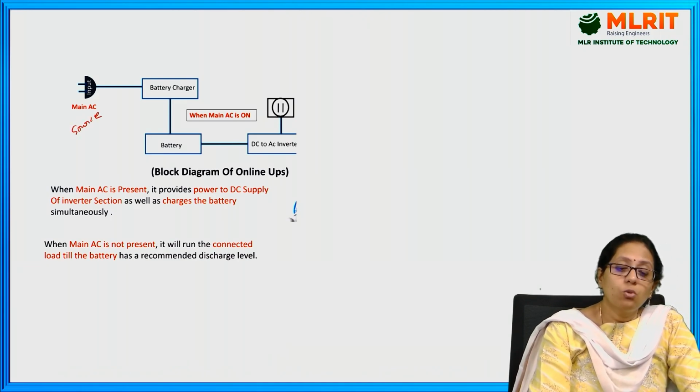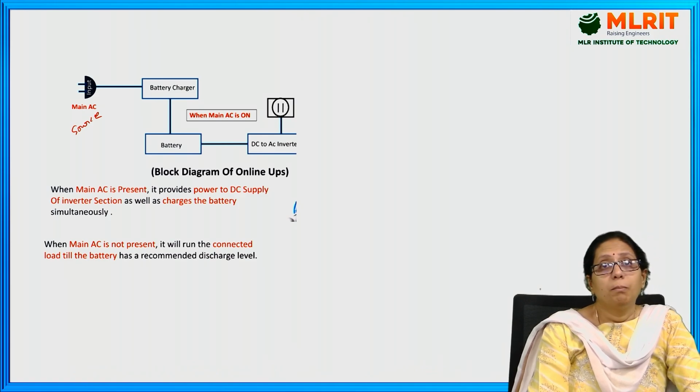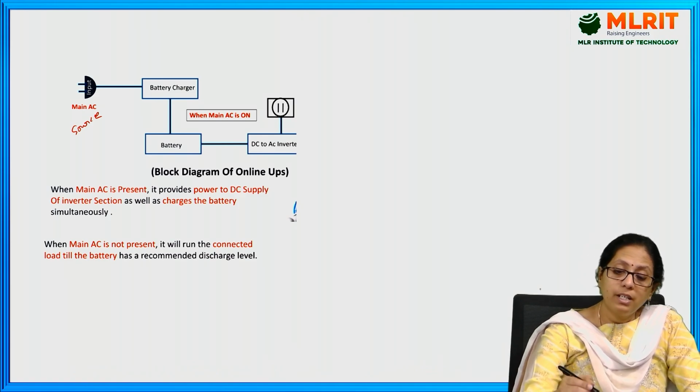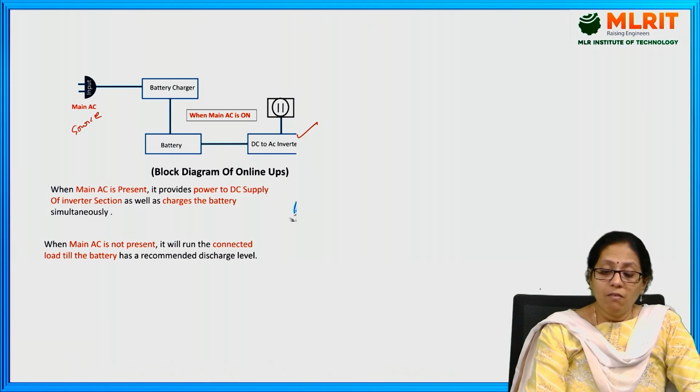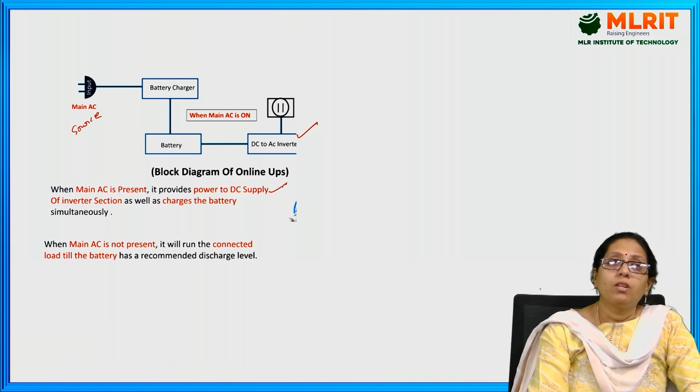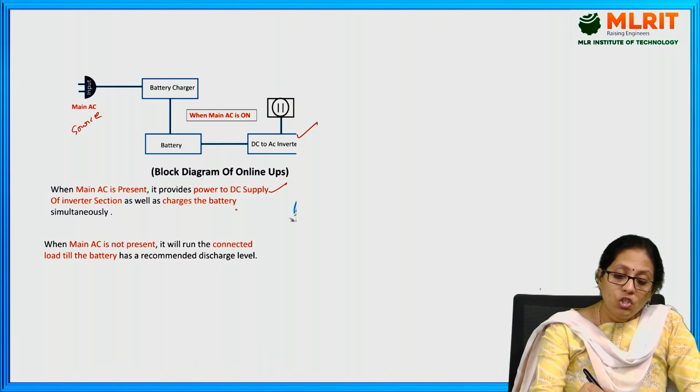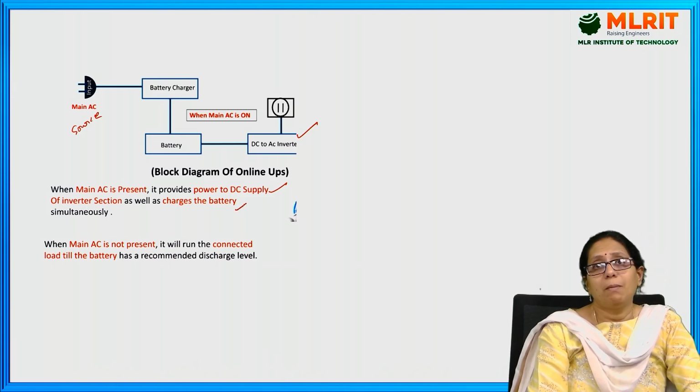The main source is connected to the battery charger and then to the battery, which is connected to the DC to AC inverter here. When the main AC is present, it provides power to the DC supply of the inverter section as well as to the charger of the battery simultaneously.